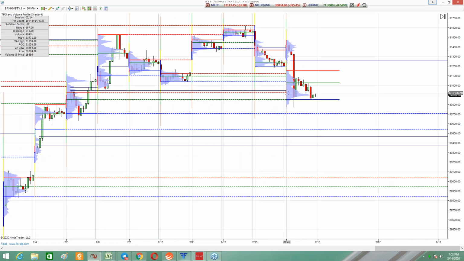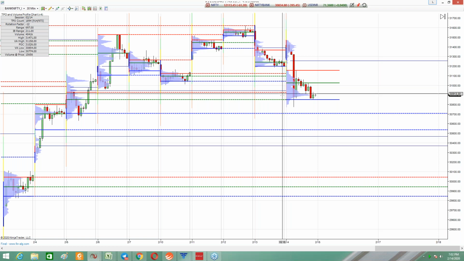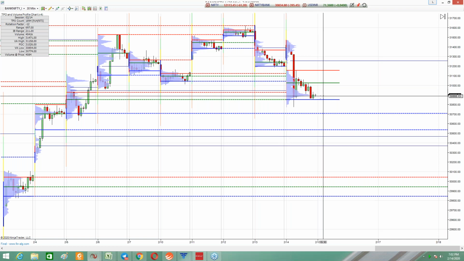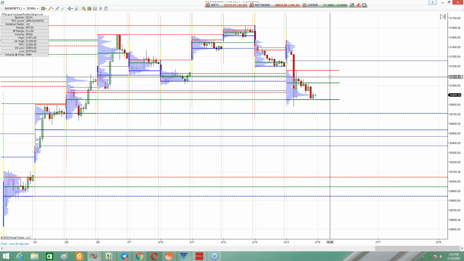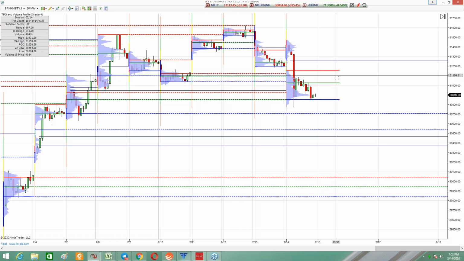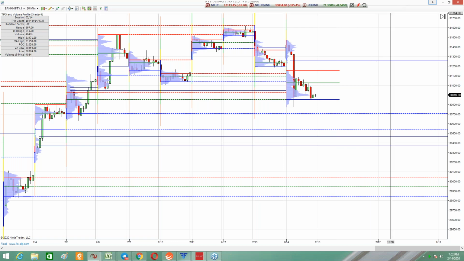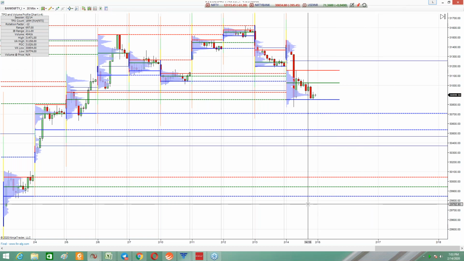So there is a possibility that if Bank Nifty opens gap up or with a slight upper gap, then slowly moves down, and finally moves swiftly back to the upper level. That is also a possibility in Bank Nifty.